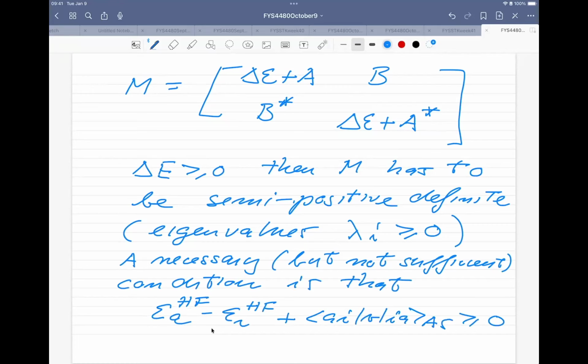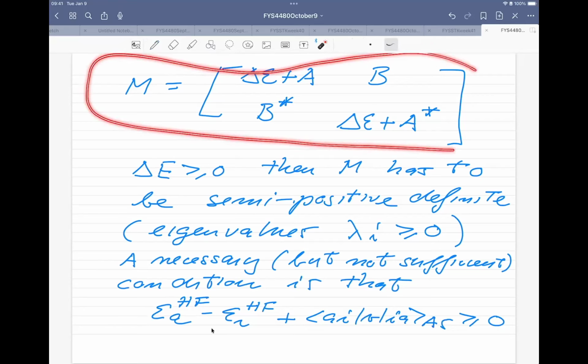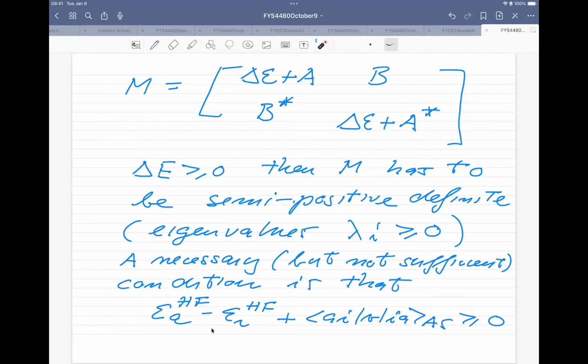So after this long excursion, the important point is the matrix which you have here, where we have simply rewritten the stability of the Hartree-Fock condition in terms of the higher order terms, delta E. If we can diagonalize that matrix, we can quickly see whether the eigenvalues are larger than, less than, or equal to 0.